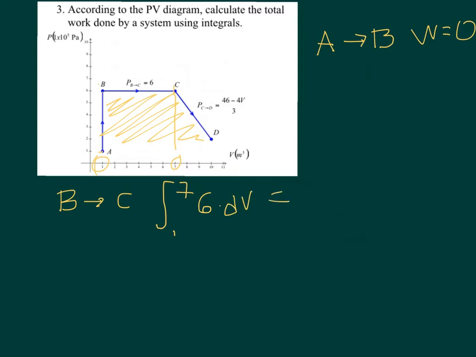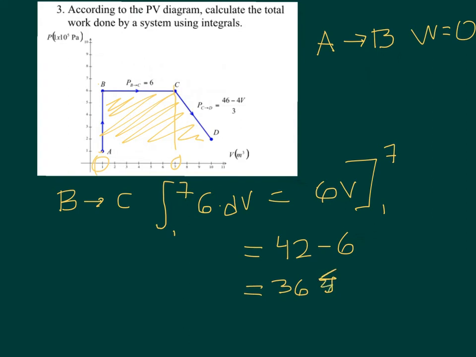Okay, let's obtain this integral. The integral of 6 is 6V with volume from 1 to 7. So this will be 6 times 7, 42, minus 6, and that will be 36 joules.